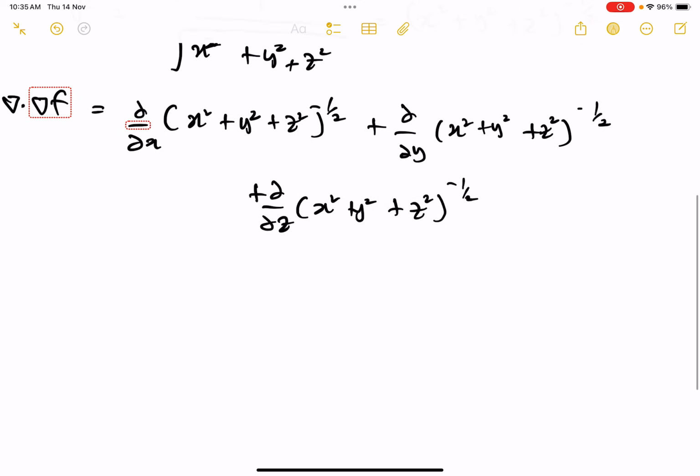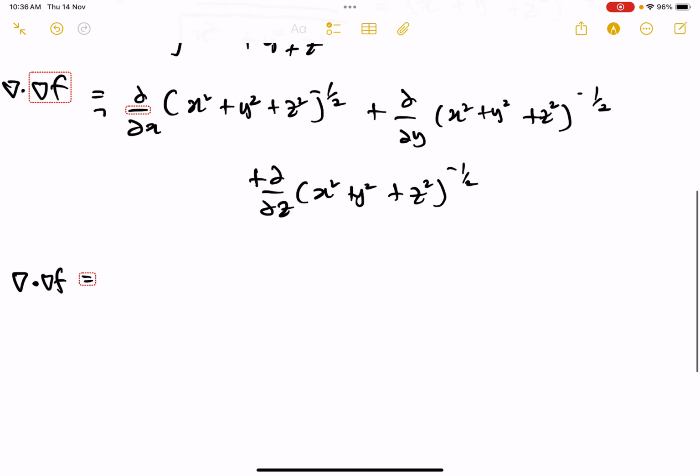Okay, so divergence. We have another divergence, right? But we settle it down. So this is the power rule, this part, right?